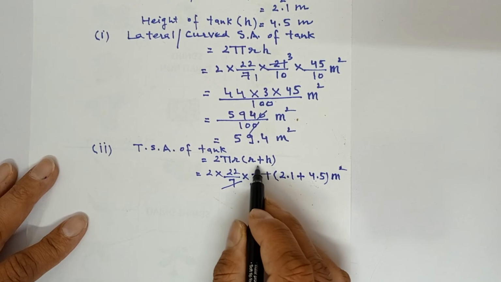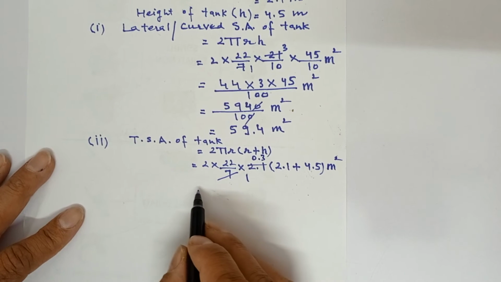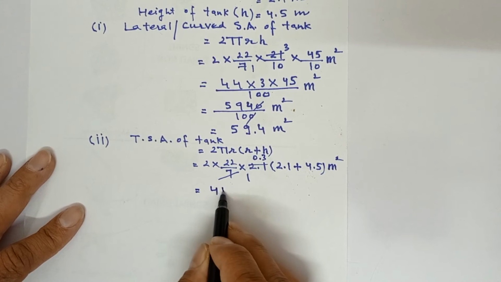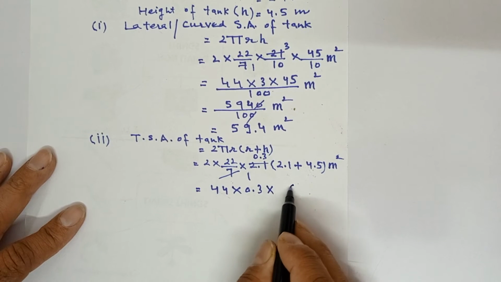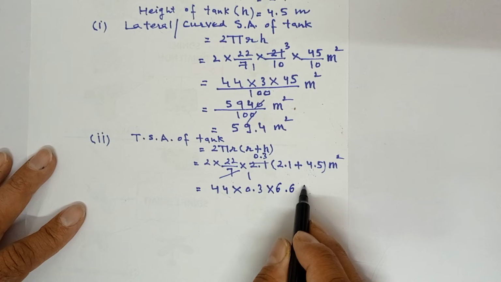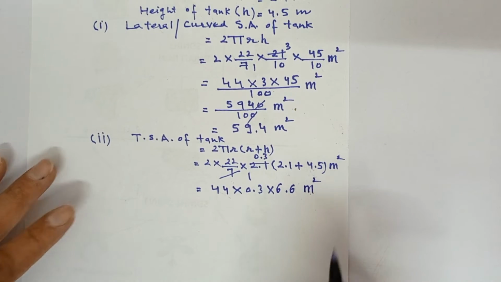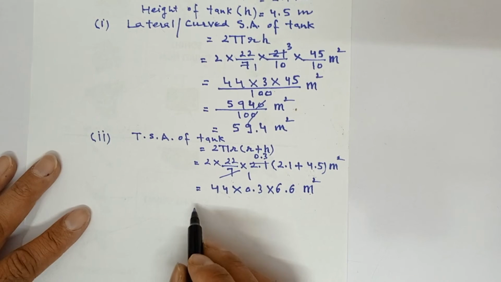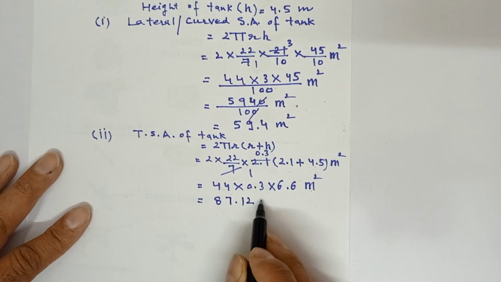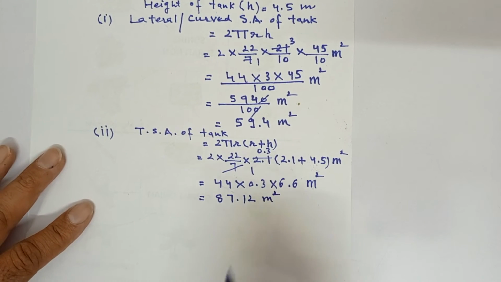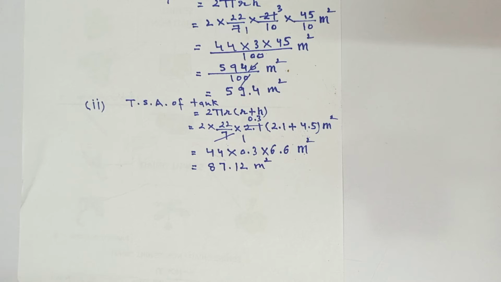7 ones are 7, after cutting, 0.3, 44 into 0.3 into 6.6 meter square. Do the calculations in rough work, you will get 87.12 meter square. The question is not complete yet.